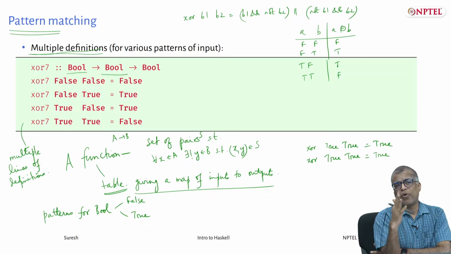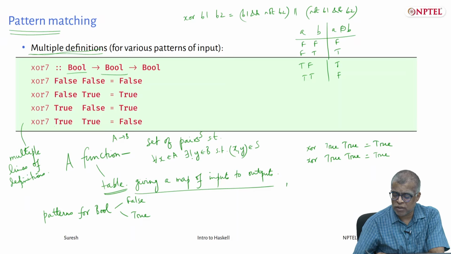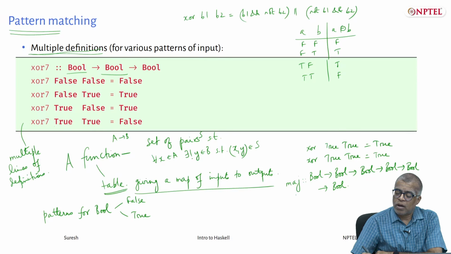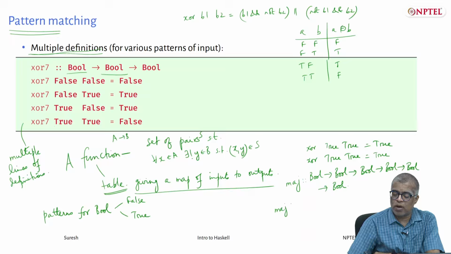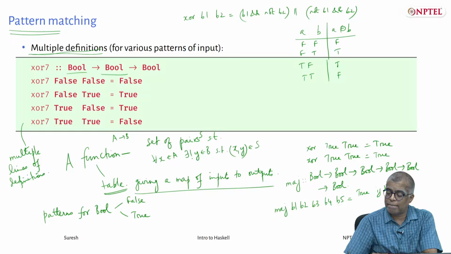And with 4 or 5 or whatever Booleans, I might want to say majority is a function, with 5 Boolean inputs let us say, and I want the majority to be True if 3 or more inputs are True and False otherwise.